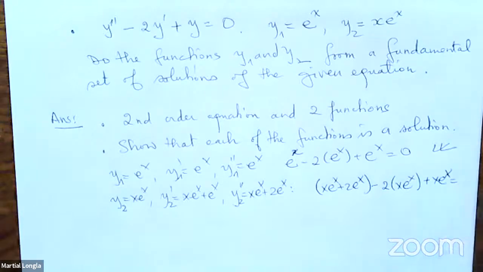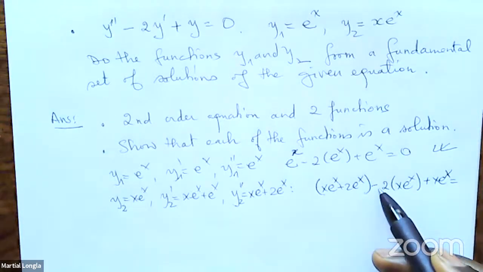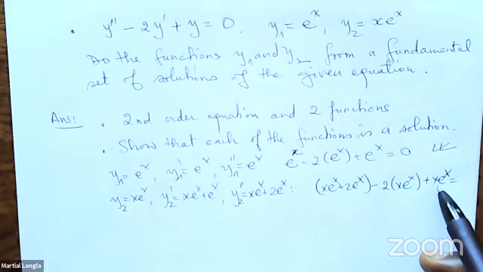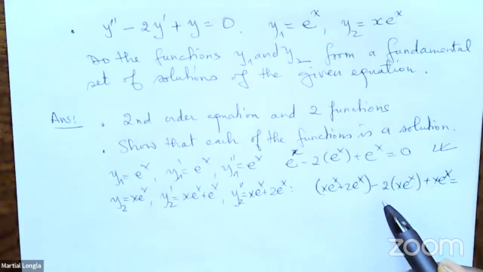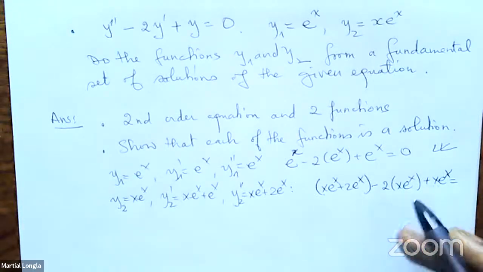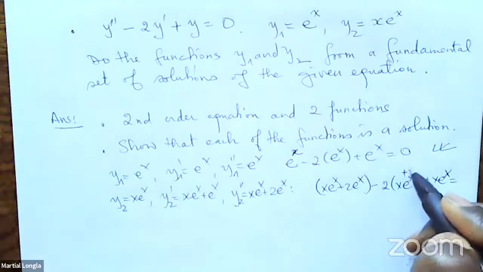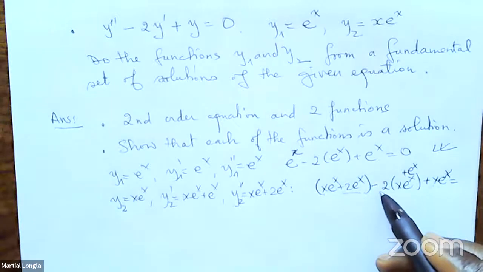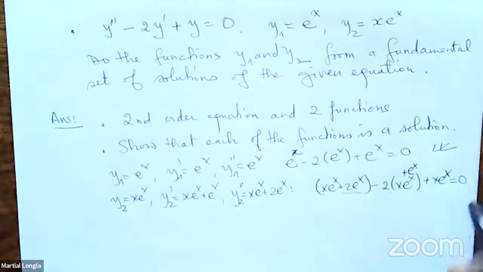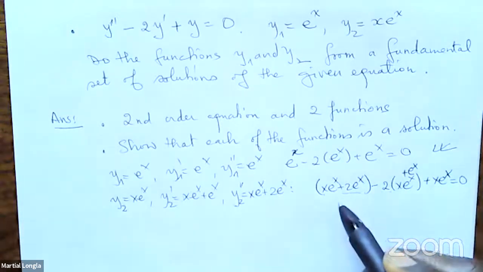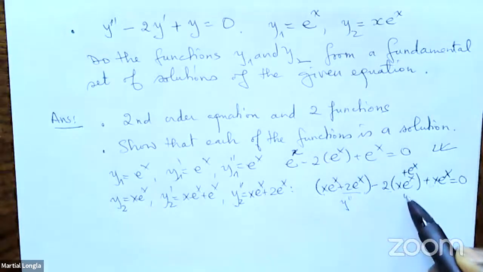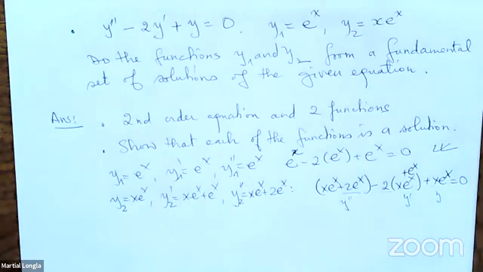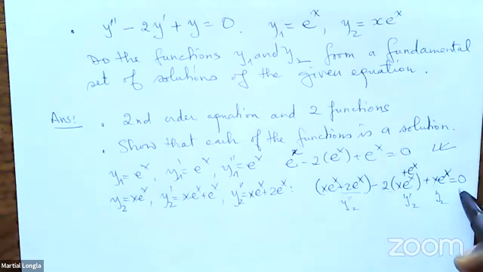You get x e to the x minus 2x e to the x plus x e to the x, and then you have 2 e to the x minus 2 e to the x, and that's 0 as well. So this is the second derivative, that's the derivative, and that's the function itself. And you can see that you have shown that this thing is also 0.